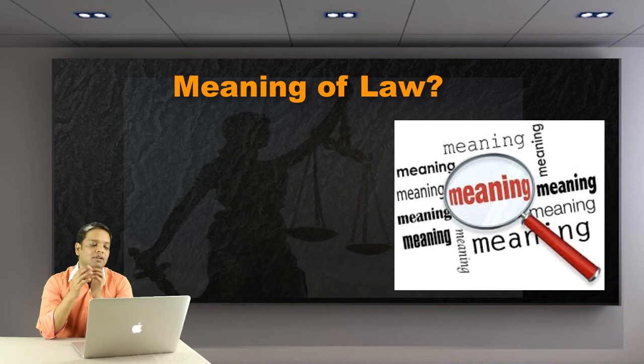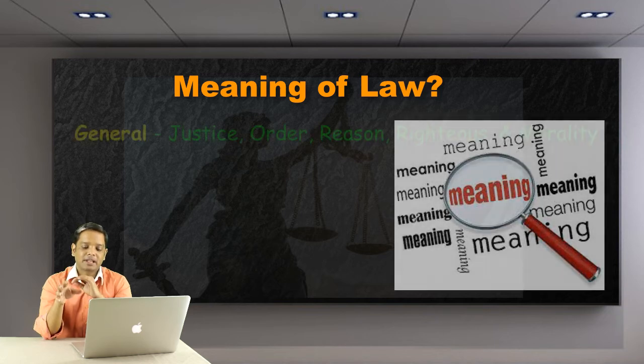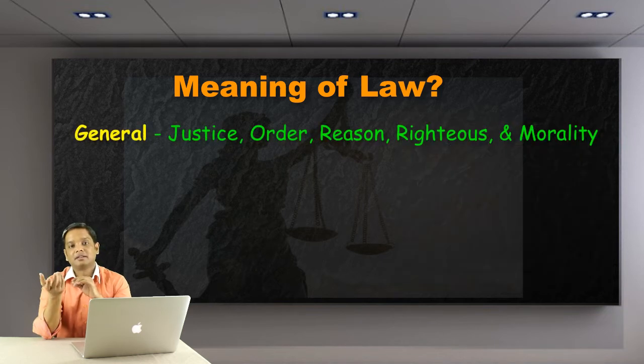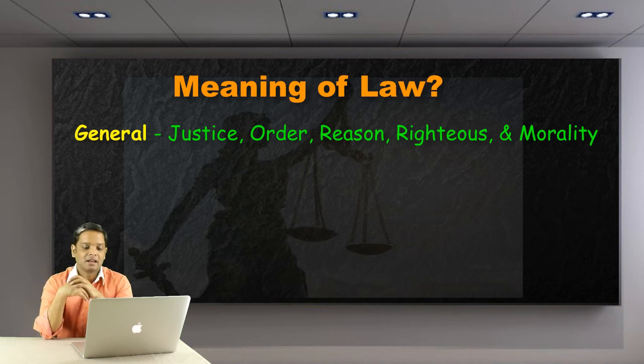So let's check out the meaning of law from different perspectives. In general, how does our society interpret it? It is justice, order, reason, right, and morality. This is the general view about the law, the general meaning.